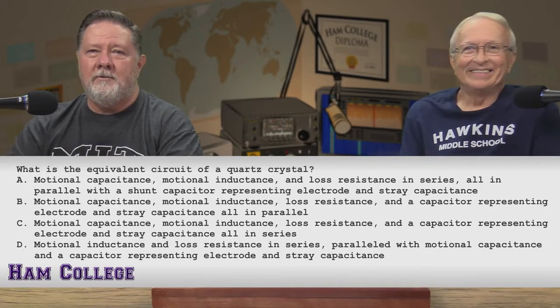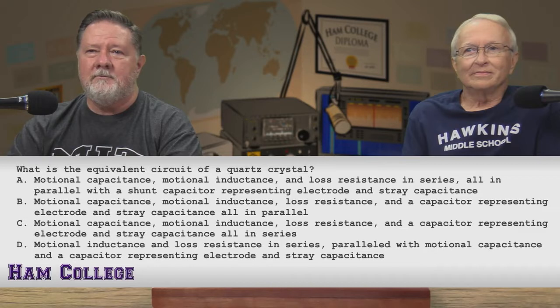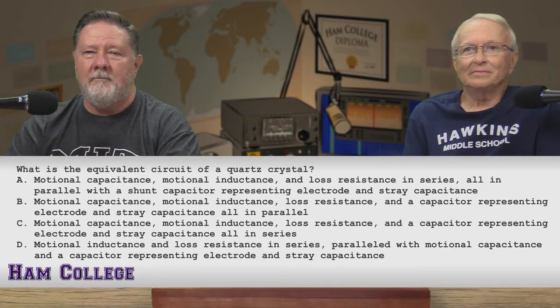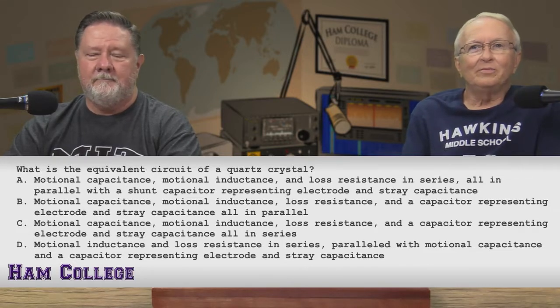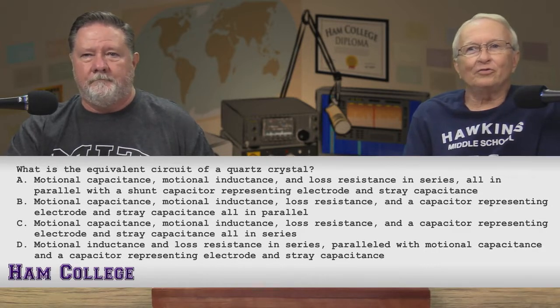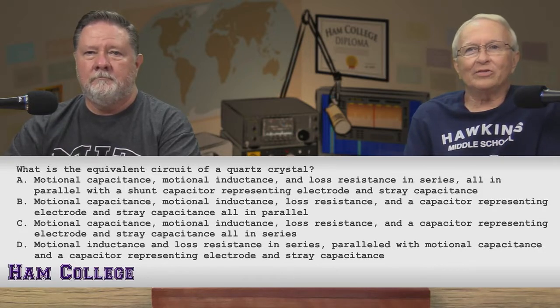B, motional capacitance, motional inductance, loss resistance, and a capacitor representing electrode and stray capacitance, all in parallel. C, motional capacitance, motional inductance, loss resistance, and a capacitor representing electrode and stray capacitance, all in series.